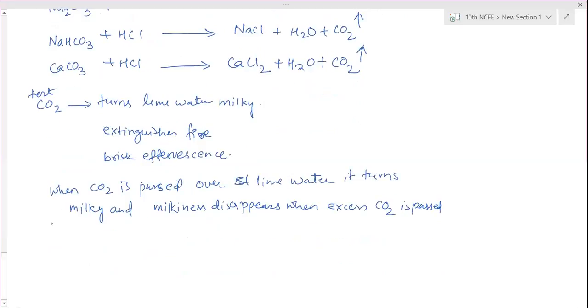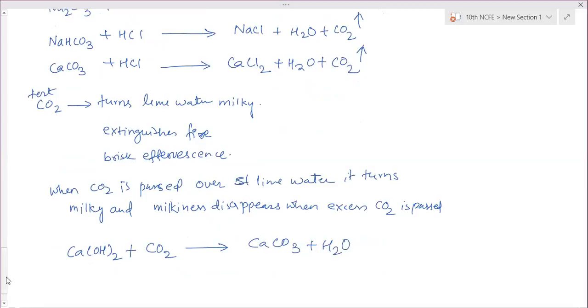So what is the equation for this reaction? Ca(OH)2 plus CO2 gives CaCO3 plus H2O.